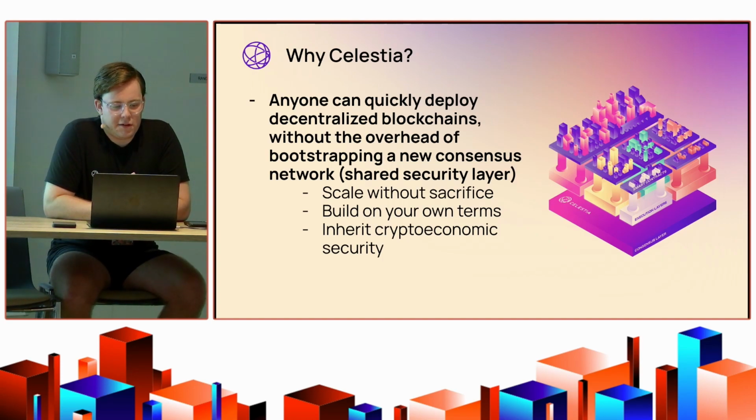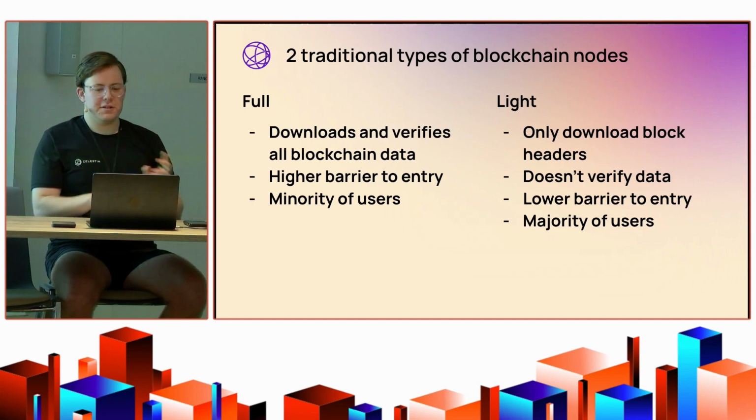You also inherit the crypto economic security of the base layer. It's similar to the way that people build on Ethereum. You really just have the security of the network that everyone else is running alongside you to back up whatever you're building. So let's get to the nodes now.